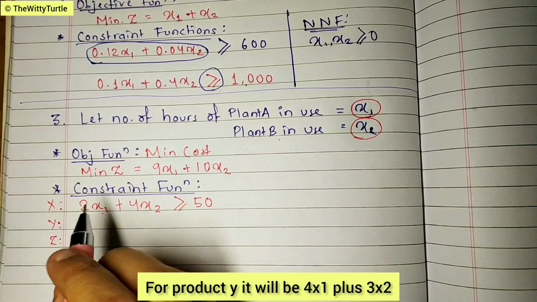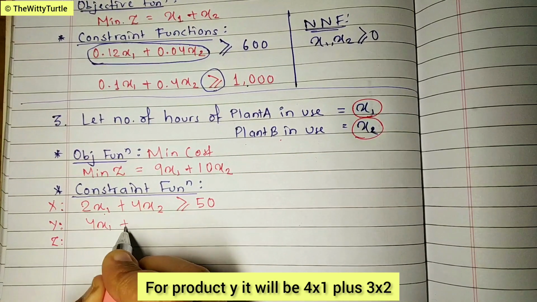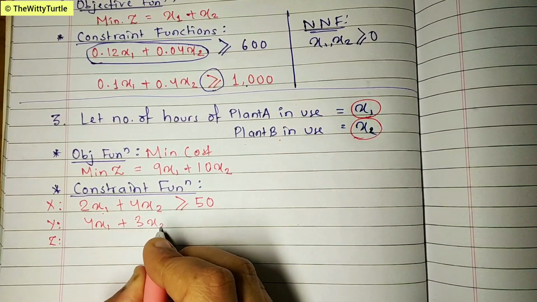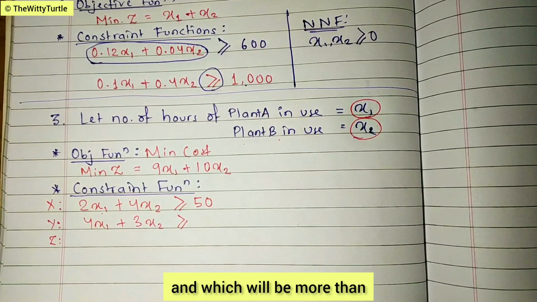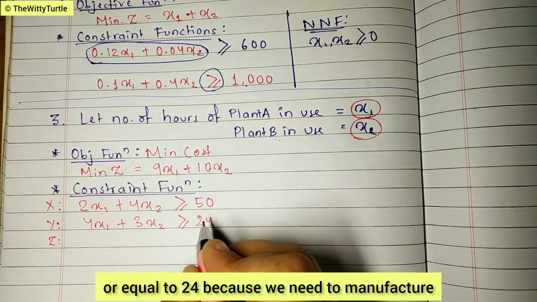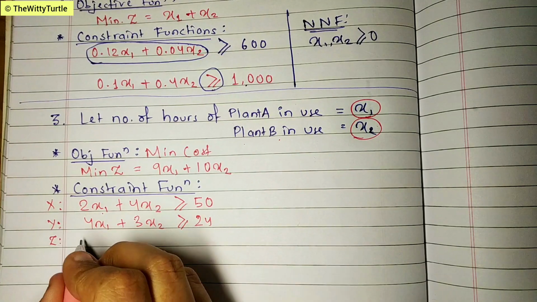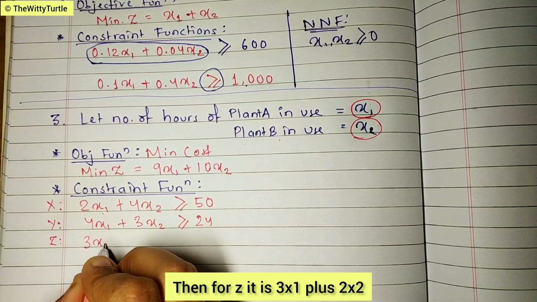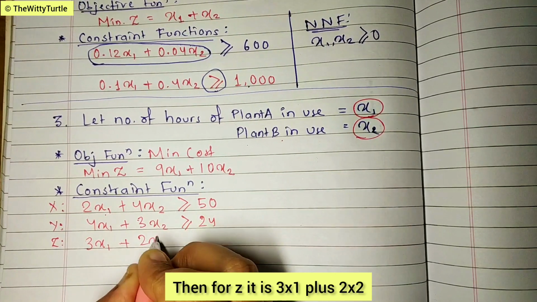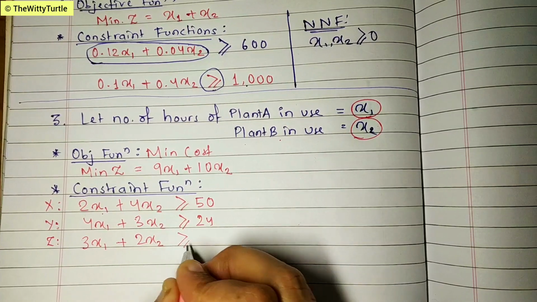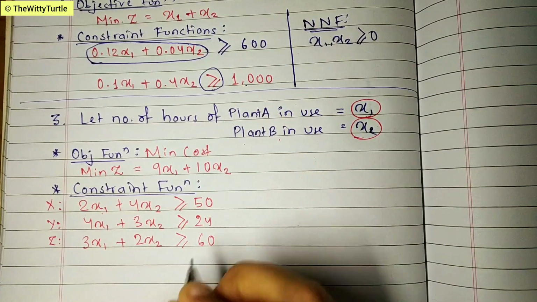For product Y, it will be 4x1 + 3x2, which will be more than or equal to 24, because we need to manufacture at least 24 units to fulfill the needs of the market, which is on demand. Then for Z, it is 3x1 + 2x2 more than or equal to 60, right?